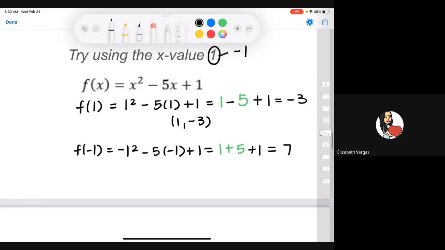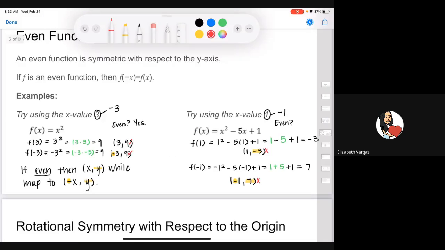A 7. And so when we put a negative 1, we get a 7. So now we're asked, is this an even? Well, let's see. Do we get a negative x? Yes, we do. But do our y values match? No, they do not. So because our y values don't match, we can't satisfy the criteria for something to be an even.